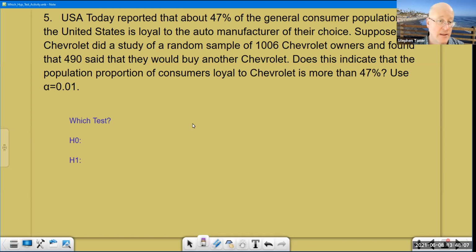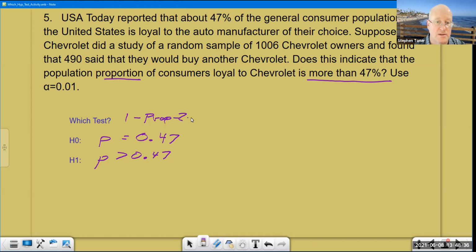Does this indicate that the population proportion of customers loyal to Chevrolet is more than 47%? P greater than 47%. There's our alternate hypothesis, and the null hypothesis would be P equals 0.47. And which test is this? This is going to be a one proportion z-test.